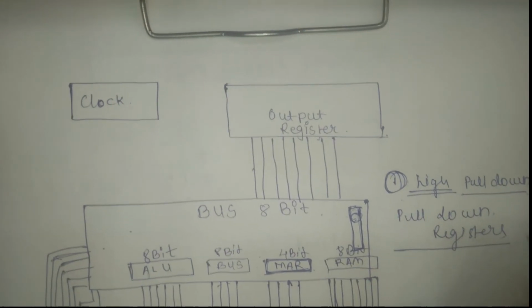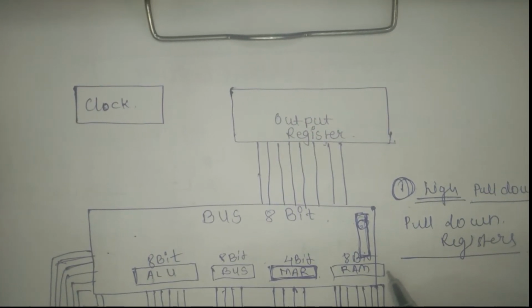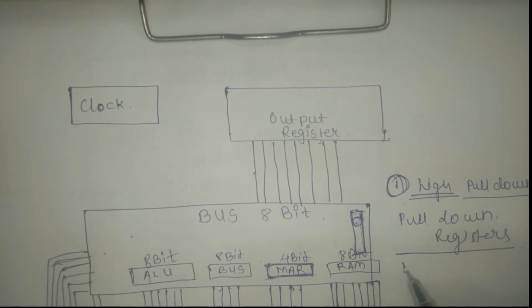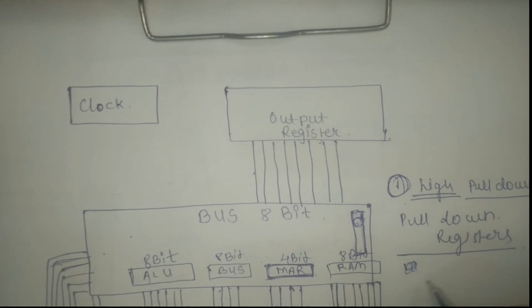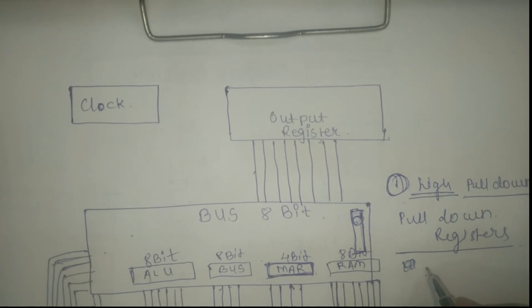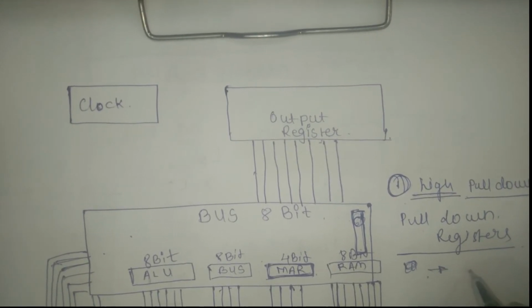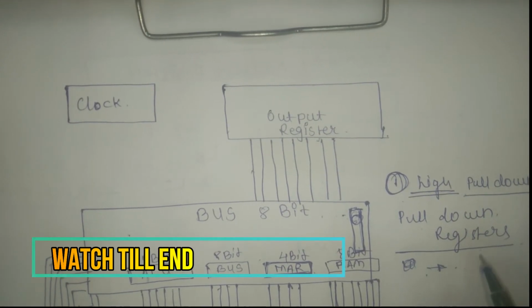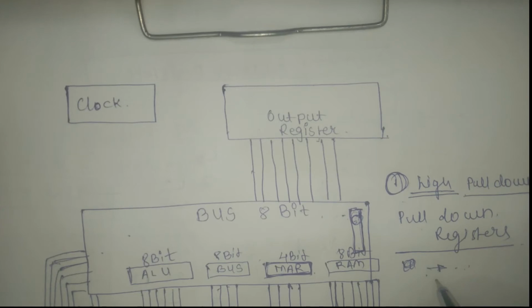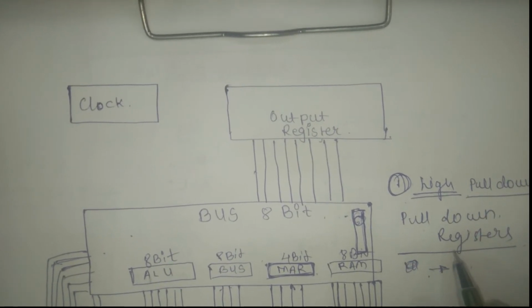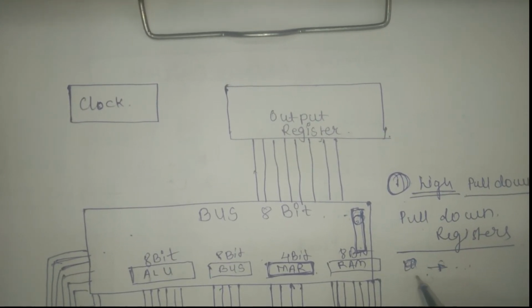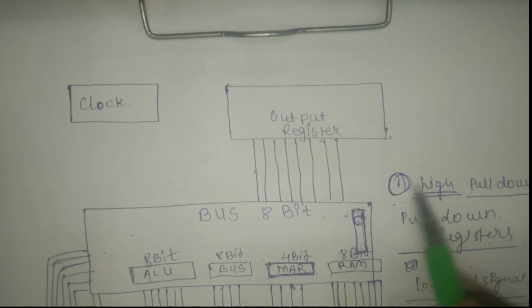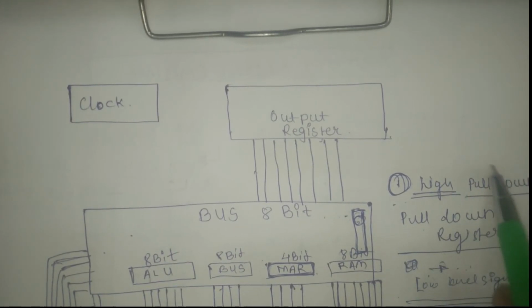What they will do is, when the outputs on the bus are made low, they will drain out the current in these signals and make the output low, indicating that these signals are grounded, meaning they are low level signals. This will be the problem of pull down.